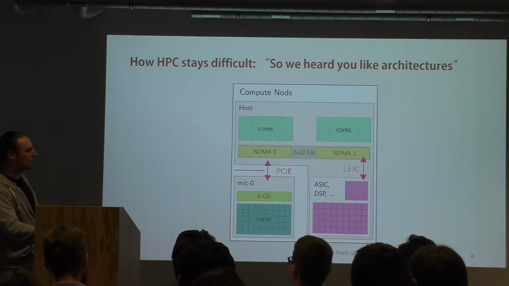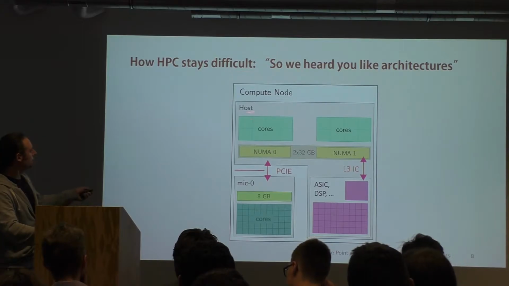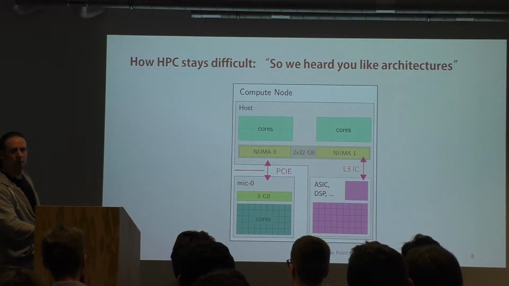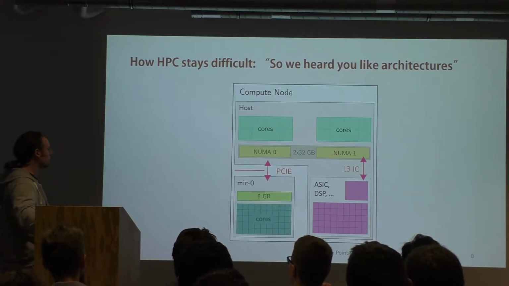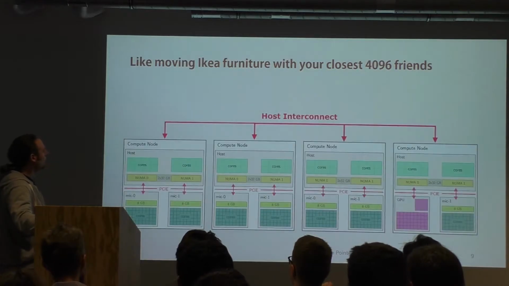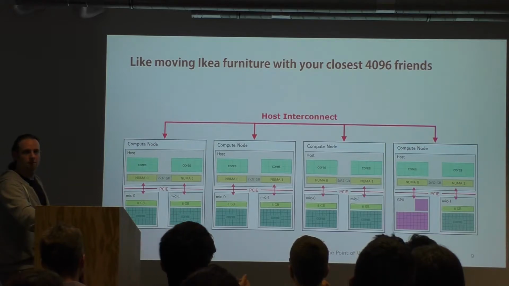That is to say, the access from one domain to another is non-uniform. And also we have cores, that is to say, computational units that have different capabilities, like SIMD width or cache sizes. In an HPC cluster, this gets even worse because we also have the network interconnect.